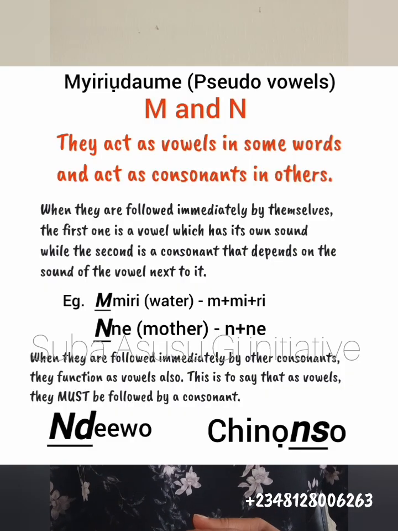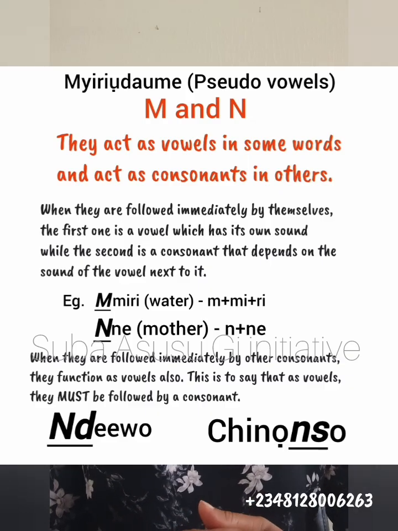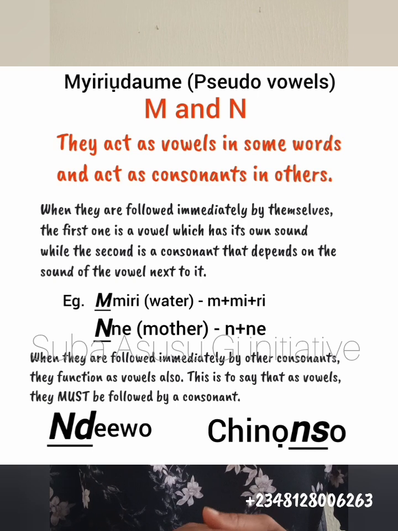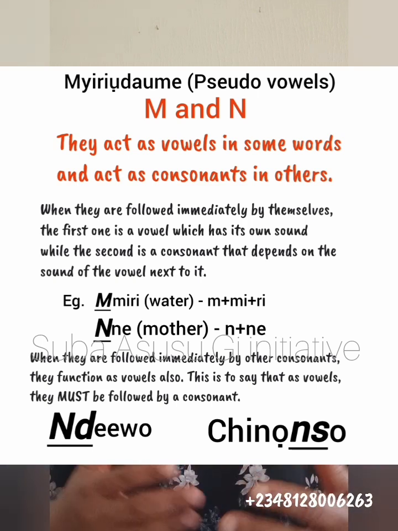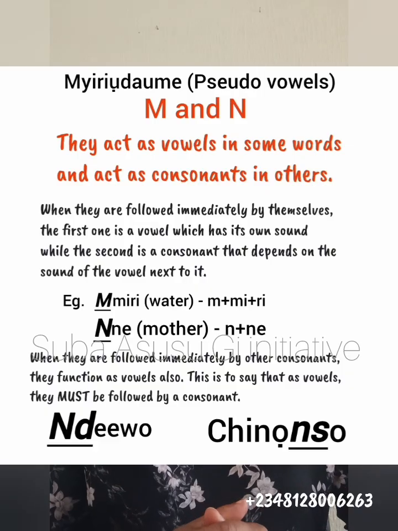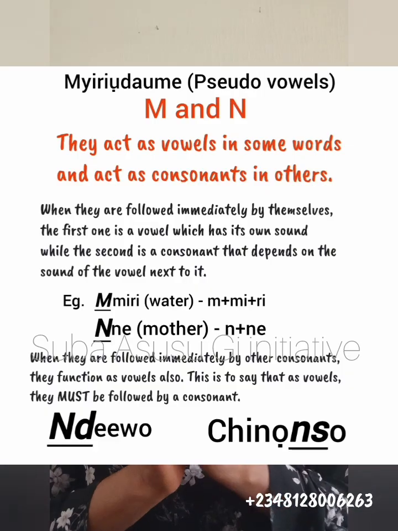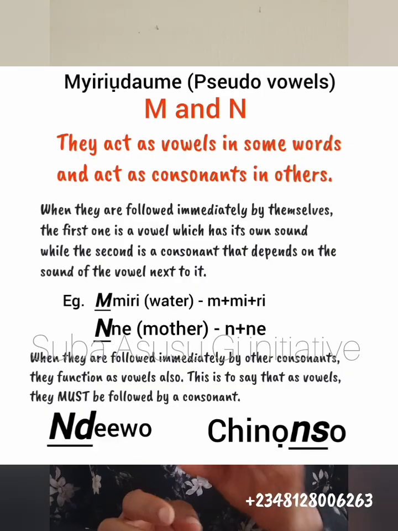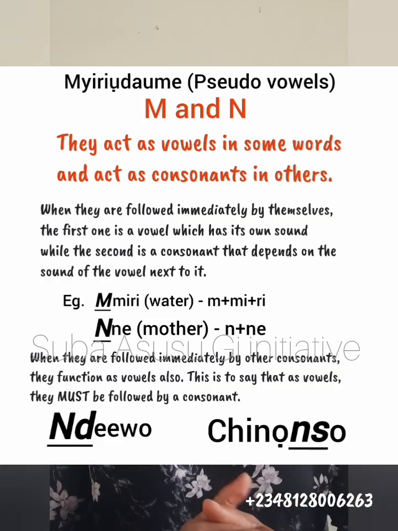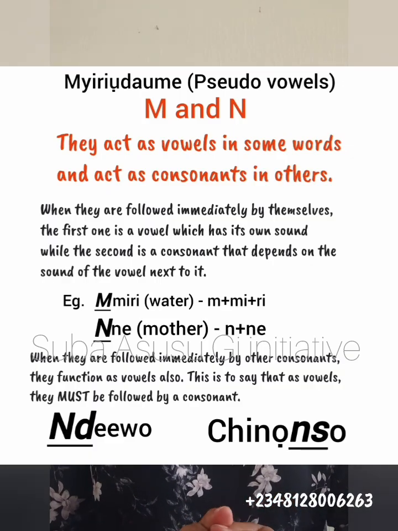All right, so when to know that they are vowels again in a word is when they are followed by other consonants. It mustn't be themselves. They can be followed by other consonants. Okay, so when they are followed immediately, no vowel in between, immediately by other consonants, then they are acting as vowels.